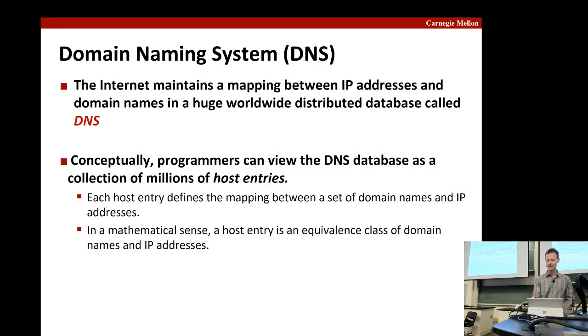So the DNS maintains mapping between these IP addresses and domain names. It's just this collection of host entries, which are just a set of domain names and IP addresses, and it allows you to map between them.